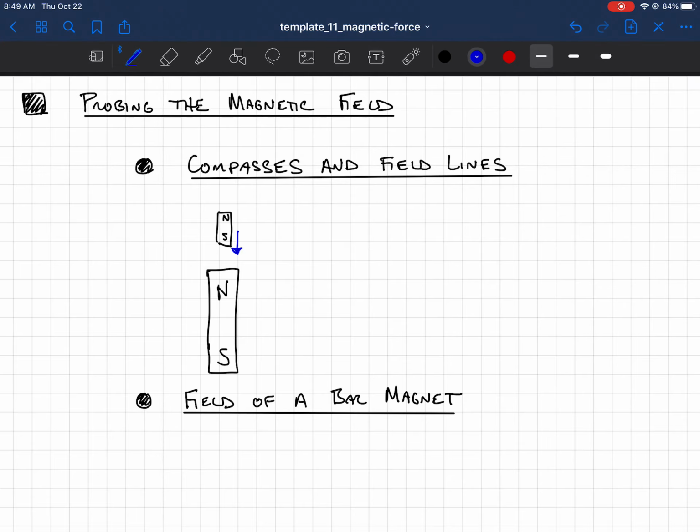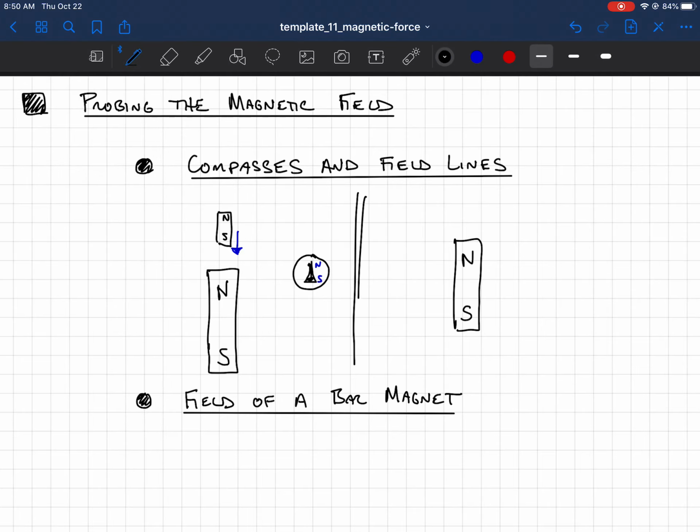Now, a compass is just a small magnet that is allowed to rotate so that you can check that alignment. So if we were going to look at a bar magnet, we could probe its magnetic field by placing a compass in different positions around the magnet. So let's say a compass looks like this, and we'll just draw a compass needle like this, where the pointy end is the north and the wide end is the south.